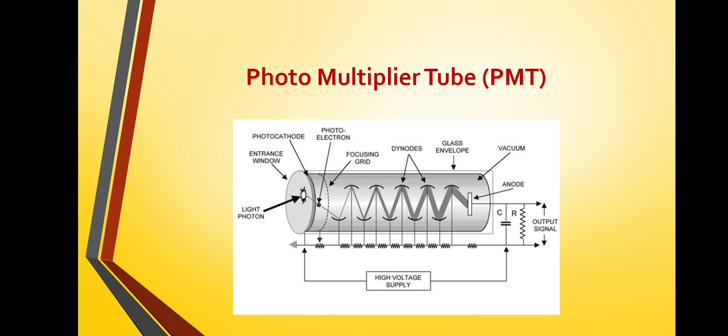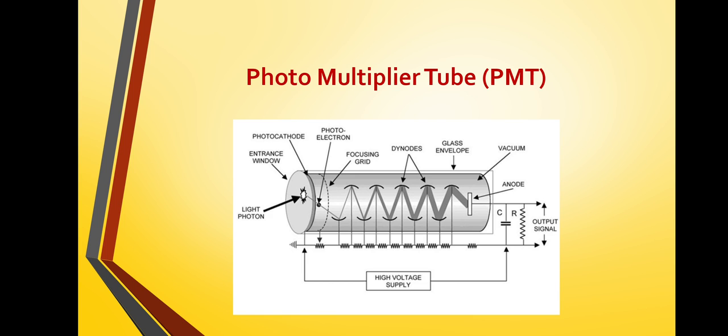When it passes from first to second, second to third, and third to fourth, the number of electrons gets multiplied. So the signal of the incoming radiation gets amplified.